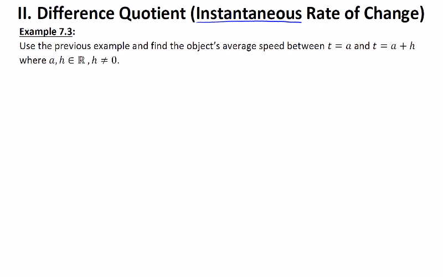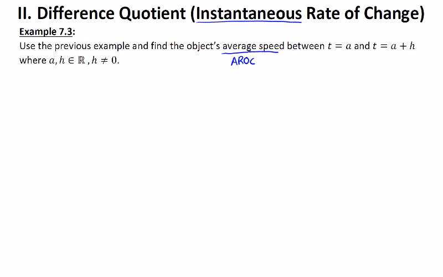So you need to have example 7.2 handy. It says use the previous example and find the object's average speed. So we know average speed really means average rate of change between t equals a and t equals a plus h.